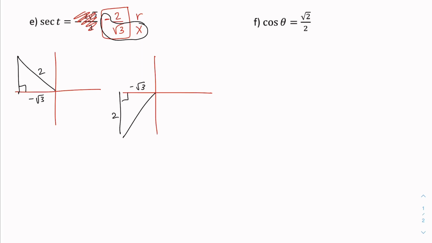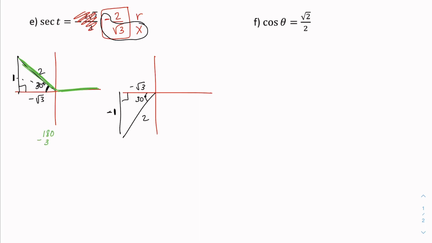That means I have a 30, 60, 90 with the missing side being the 1. In this case, it's a positive 1, but on the right side, it's a negative 1. And my reference angle is across from the 1, so that means it's a 30-degree reference angle. Continuing, we're almost done. See if you can figure out the actual angles yourself.